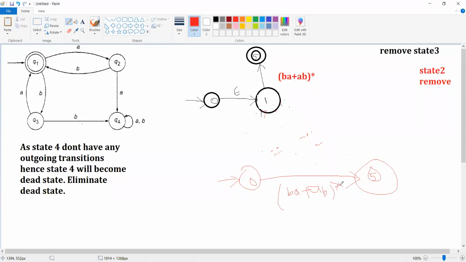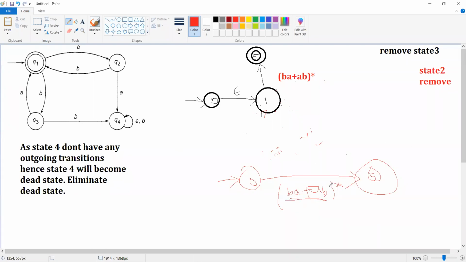Now, if you have any doubt, you can check whether the string BA will be accepted or AB will be accepted. You can check here. AB will be accepted, and BA, yes, BA will be accepted. And the combinations of BA and AB are also accepted.